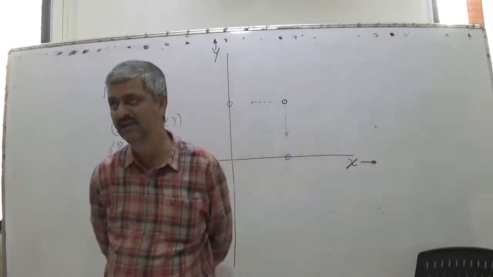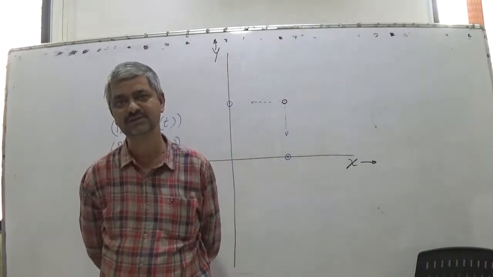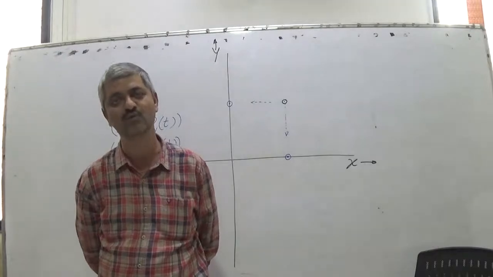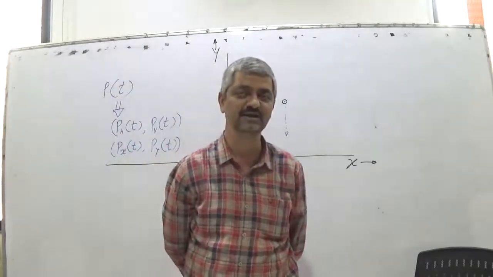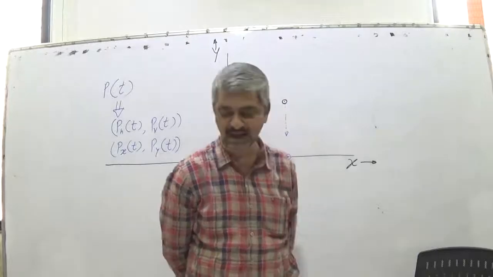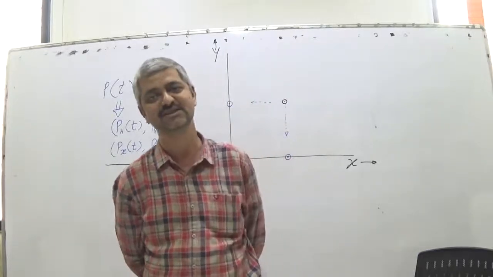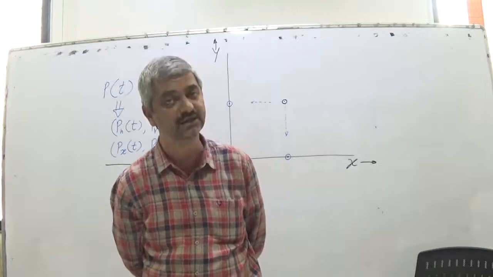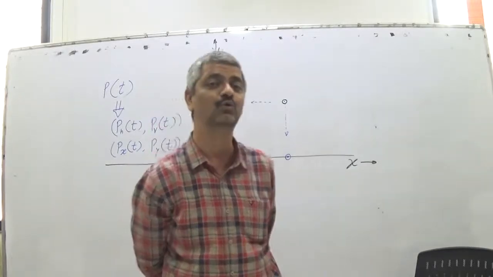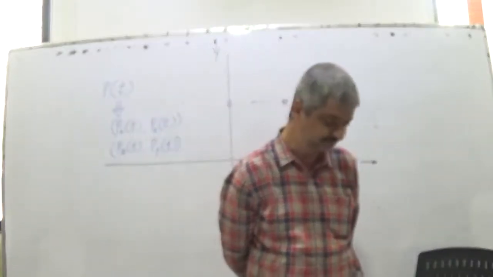So Px, that is the projections of the point, are one-dimensional signals, whereas the position of a point is a two-dimensional signal, and a two-dimensional signal is nothing but an ordered pair of two one-dimensional signals.